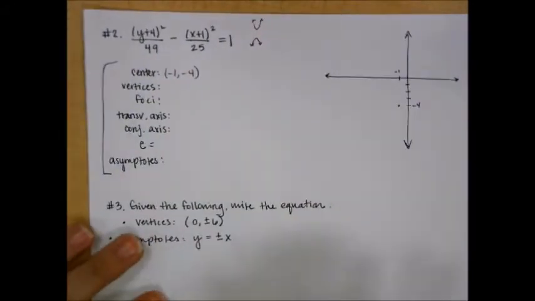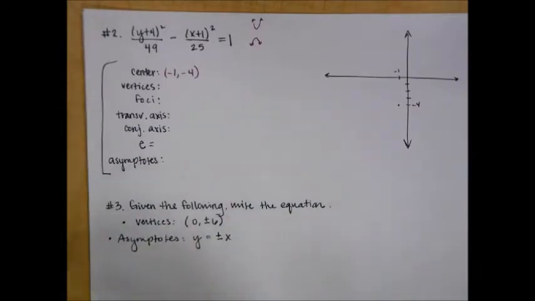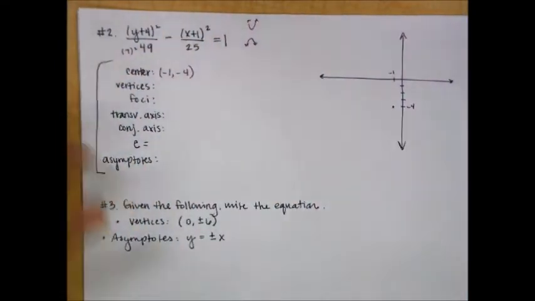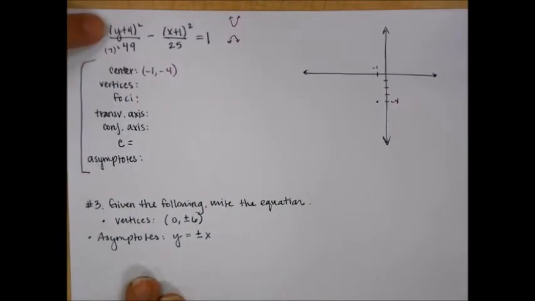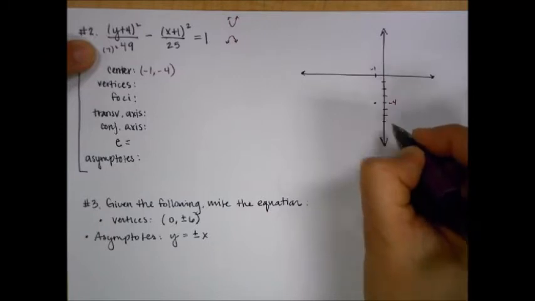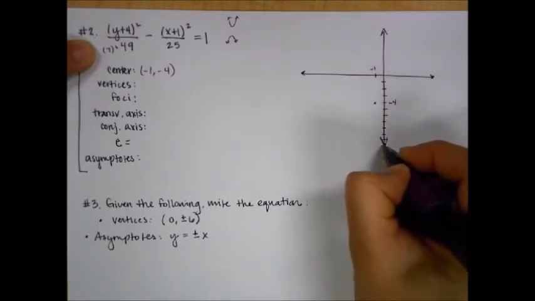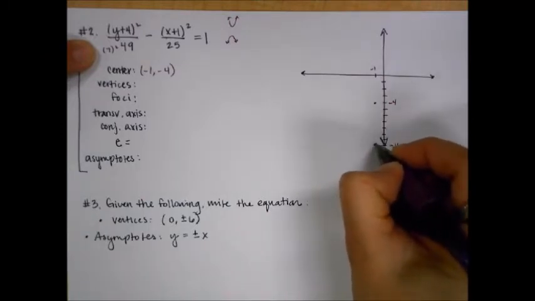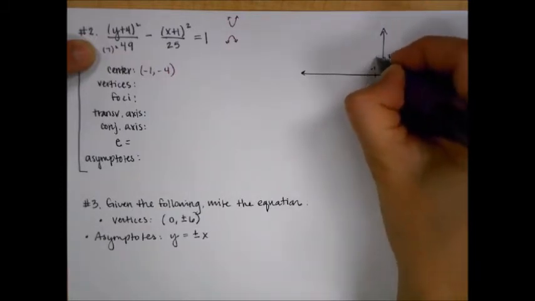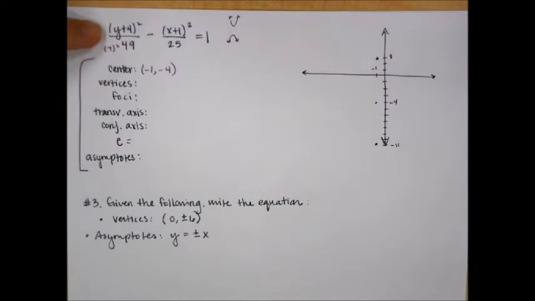So 7 squared makes 49, so that's 7 units along the y-axis. All right, and that is the way it's opening up and down. So these are the vertices for the hyperbola.